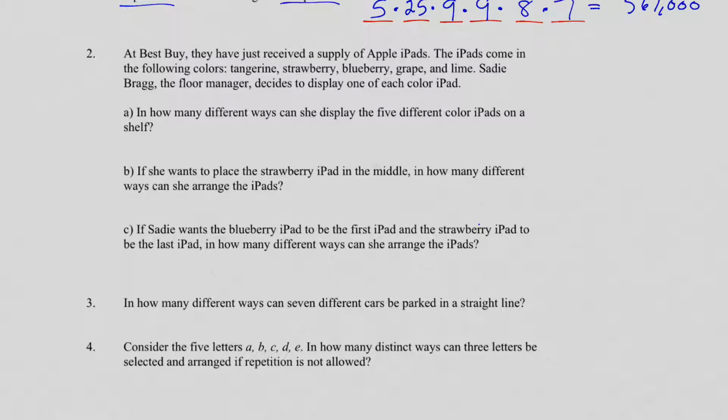How many iPads are there? How many colors? 5. Okay, so there's 5 different color iPads. So basically it's 5 factorial.